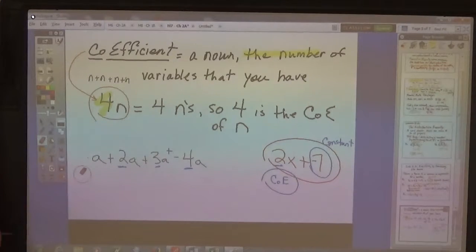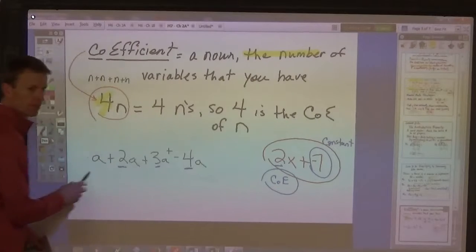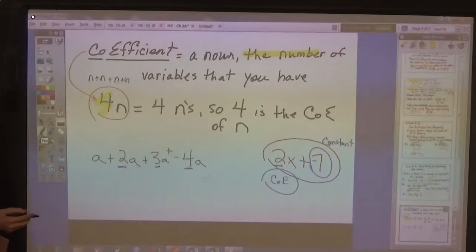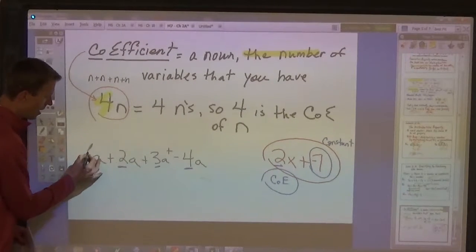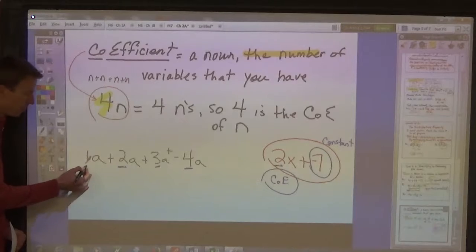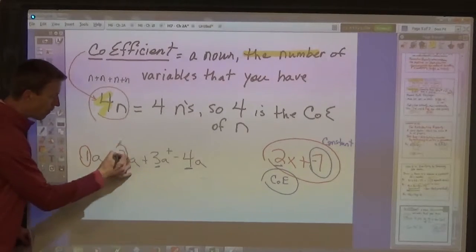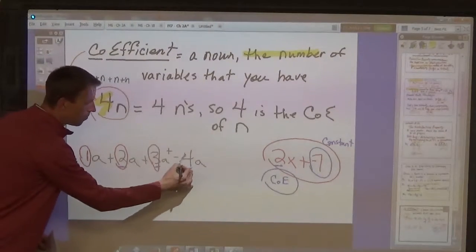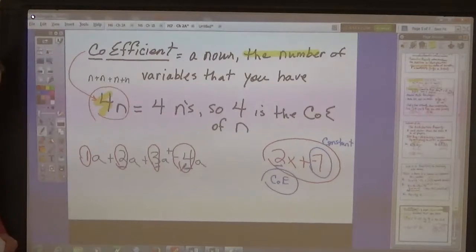What are the coefficients of this? Otto. 2, 3, and 4. Yep, and 1. 1 is a coefficient because you can put the 1 there. So the numbers in front of the variables are the coefficients.